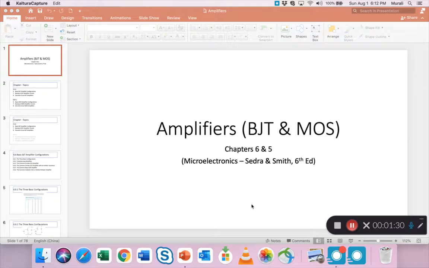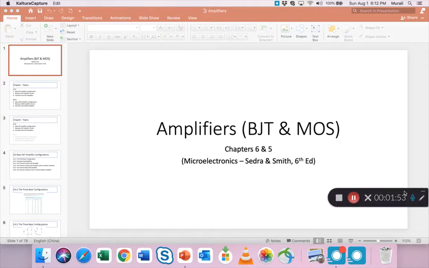Material is pretty much the same, but somehow it's a little better organized in edition 7. So some of my problems, you'll notice, have numbers from chapter 7, which means the new edition. Anyway, not to confuse you, as we start and move ahead, you should be able to see what I'm talking about.